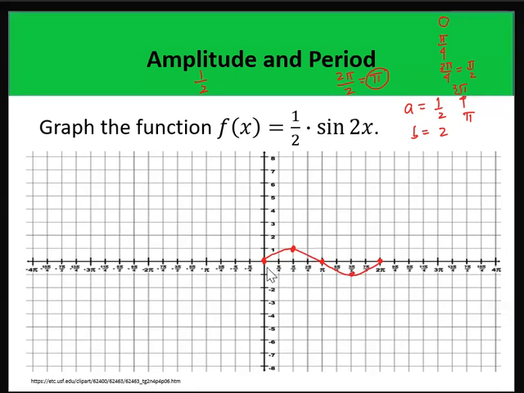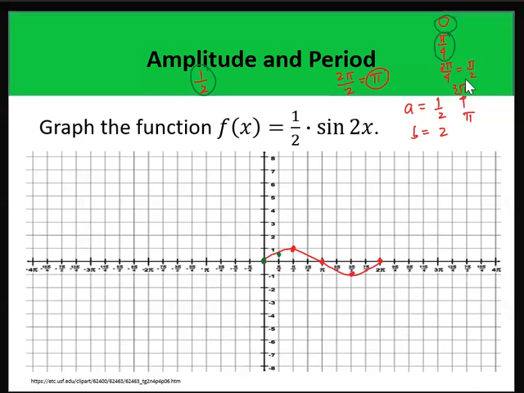At x equals 0, the value of y will be 0. At x is equal to pi over 4, the value of y will be positive 1/2 because the amplitude is 1/2. So this will be a point on the graph of f of x.